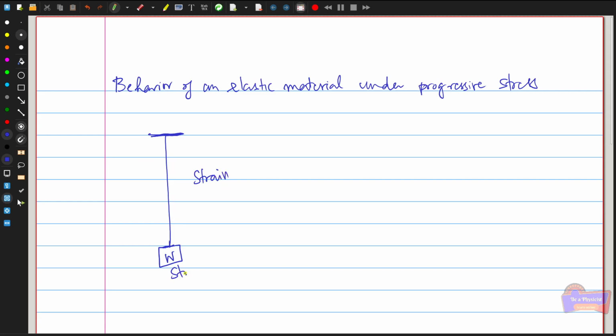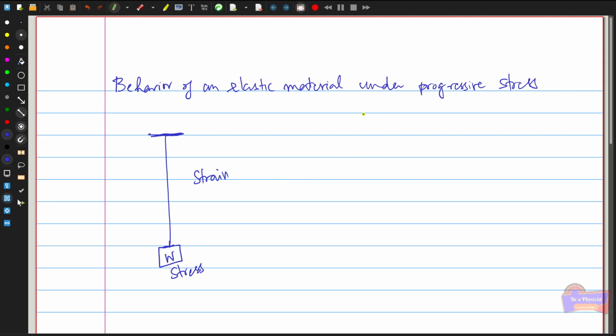That means adding weight manipulates the stress, and the elongation of the length is measured as strain, and I plot the relation between the stress and strain.